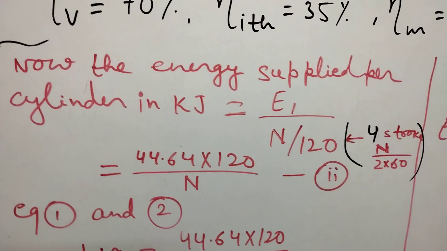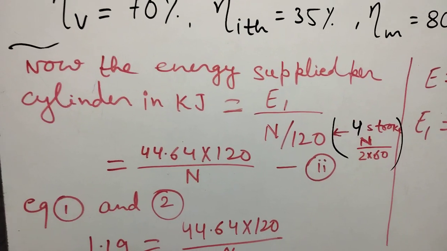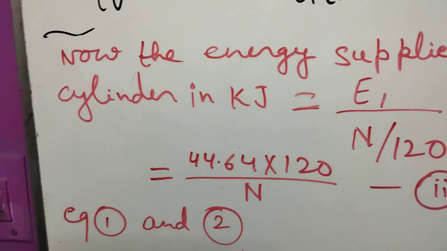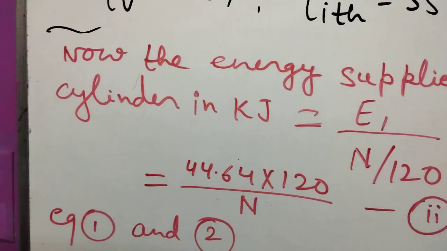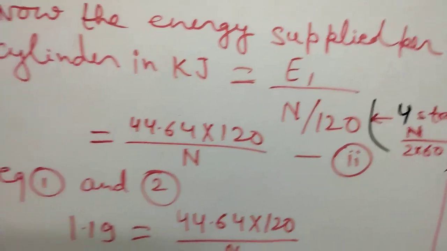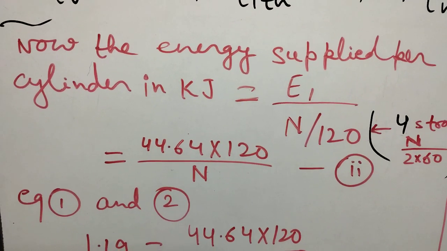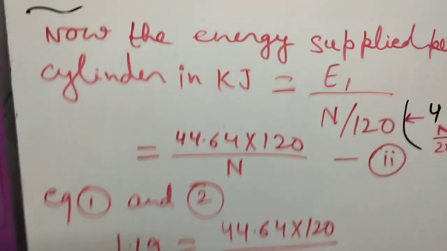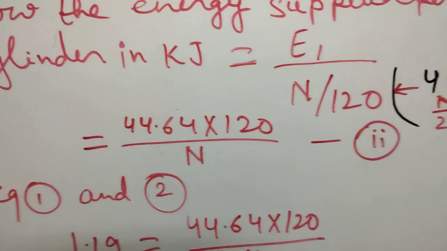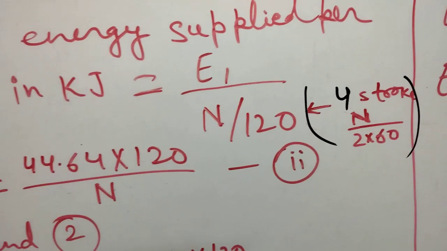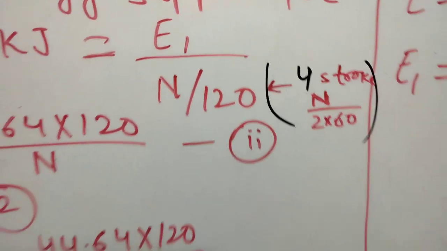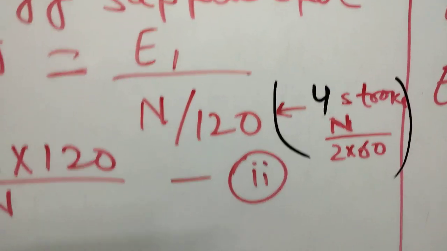Energy supplied per cylinder per second is E1 divided by N divided by 120 here. The 4-stroke engine is under consideration.